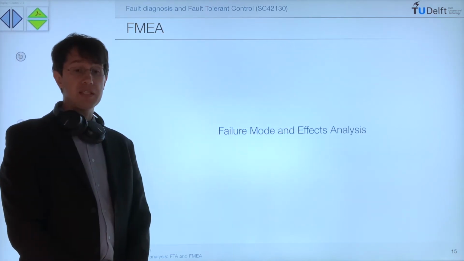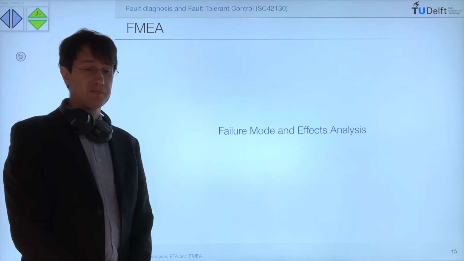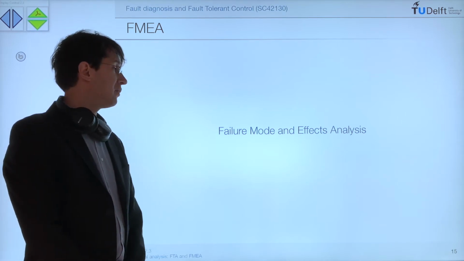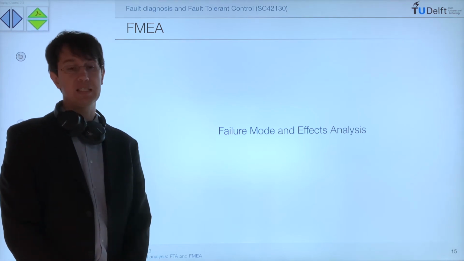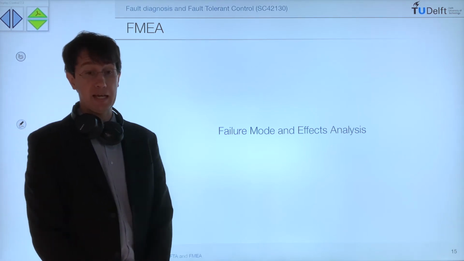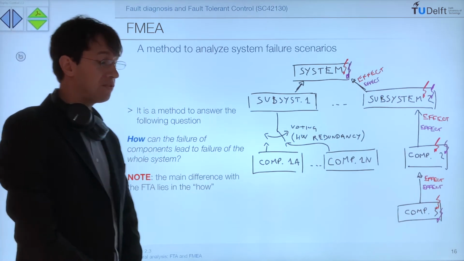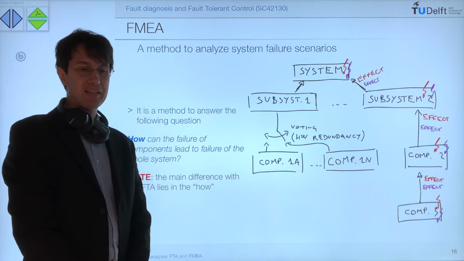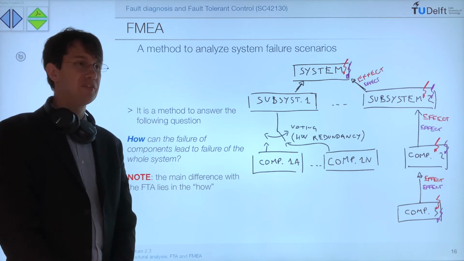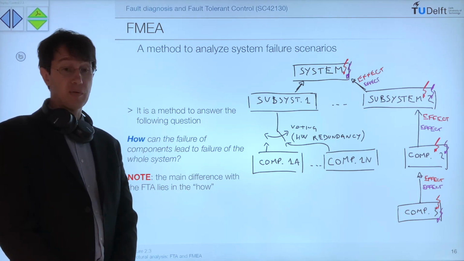Now let us cover the second part of today's lecture. And it is about the failure mode and effects analysis, FMEA. So the fault tree analysis provided us a binary description of the health status of our system.